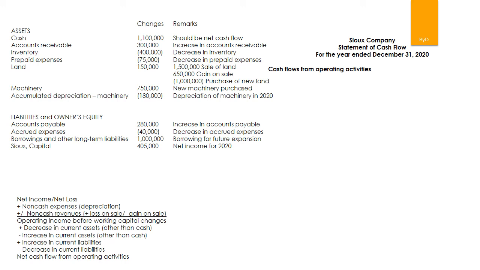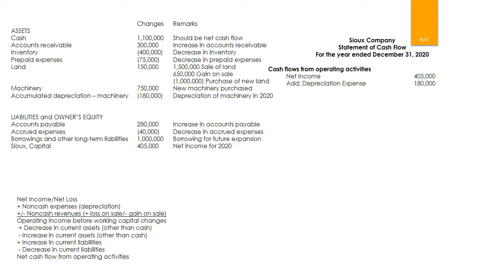So we start with net income at 405,000. And then we add our non-cash expenses. Here, class, do we have depreciation? Yes, so we add our depreciation expense of 180,000.